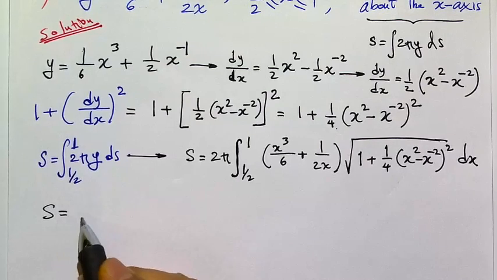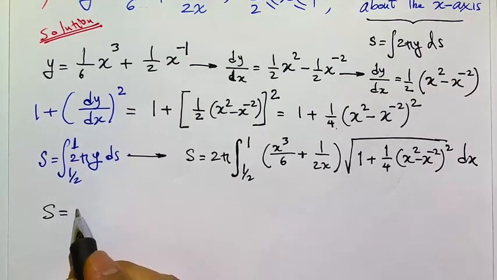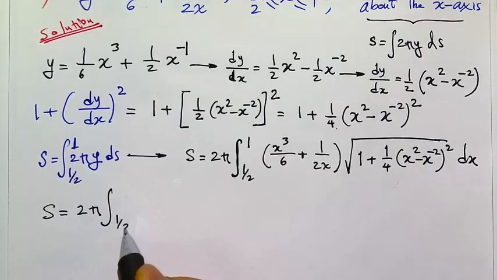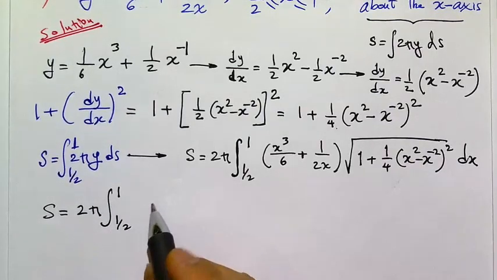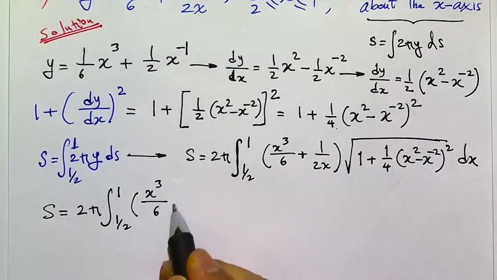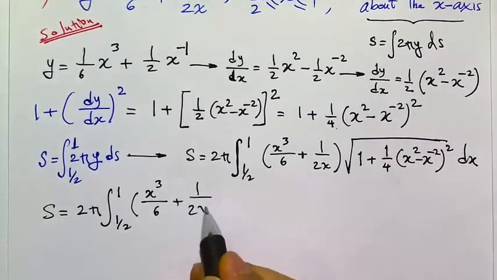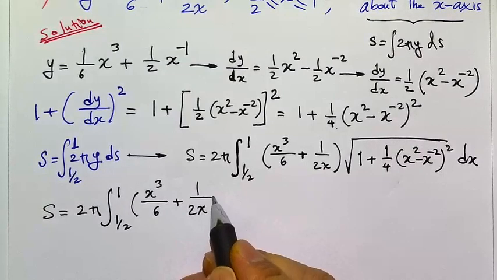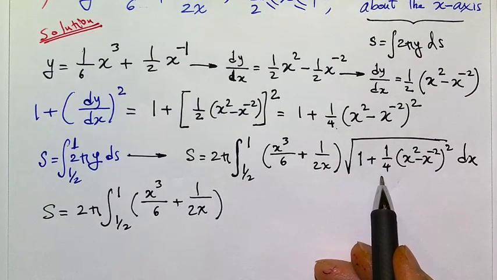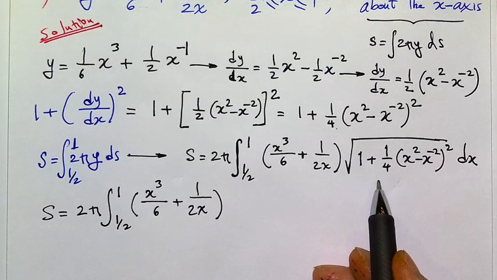Okay, so I will start from here. So s would be equal to, let's see, 2 pi from 1/2 to 1 of x cubed over 6 plus 1 over 2x. And if we take the common denominator, what do we get?